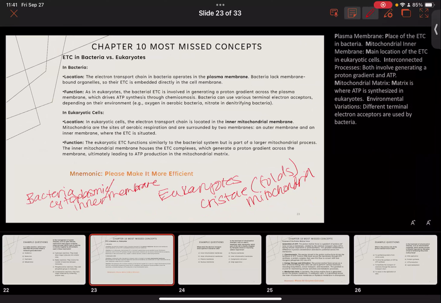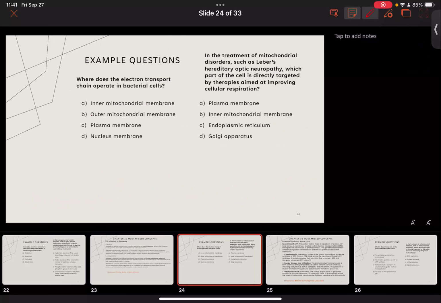So if you remember, bacteria alphabetically comes before and evolutionarily comes before eukaryotes, then you could put those to work a little bit better. But there are environmental variations, I guess, depending on bacteria. And what I mean by that, environmental variations, that's talking about the aerobic versus the anaerobic guys. But man, I don't even worry about that.